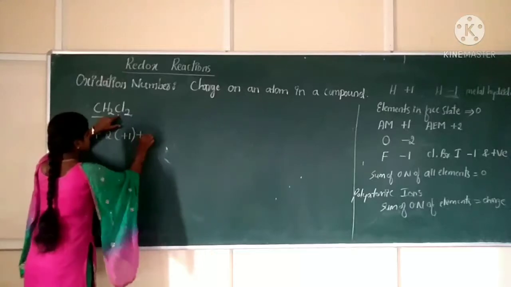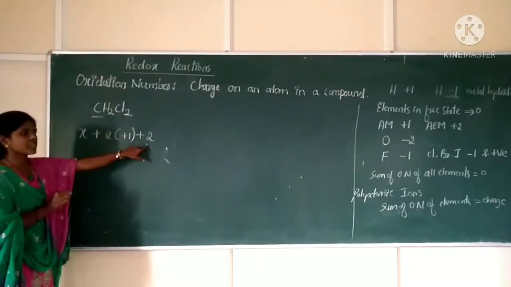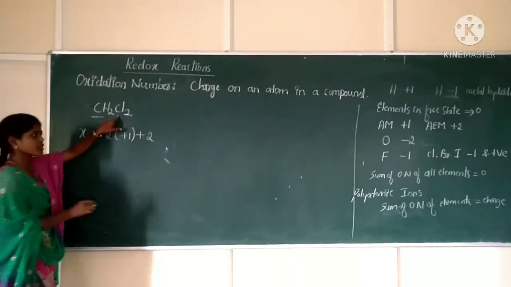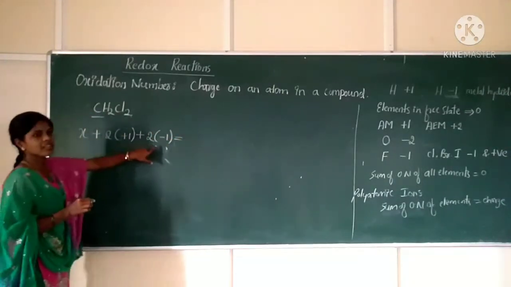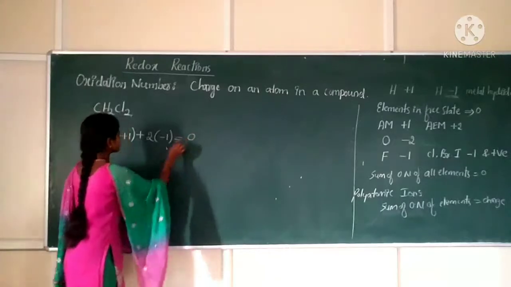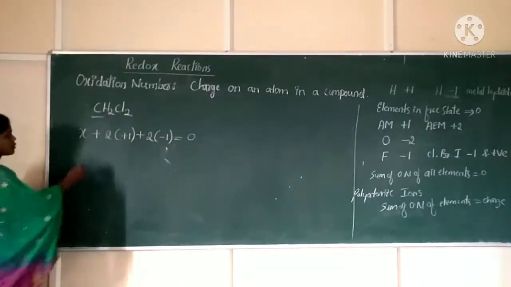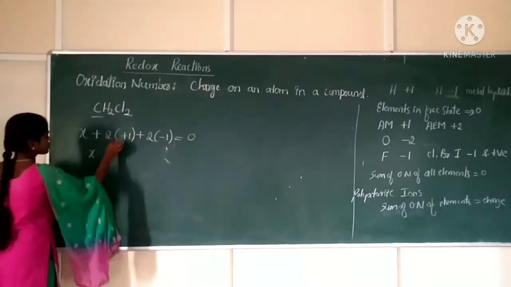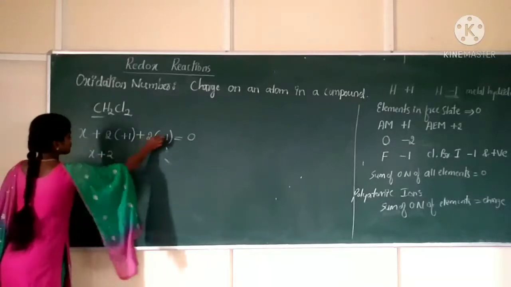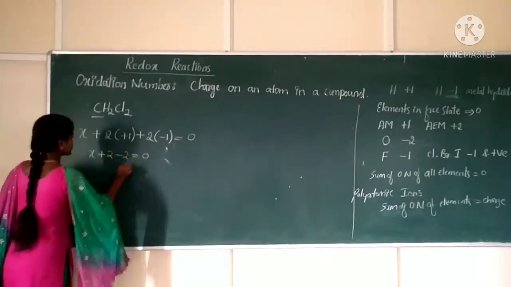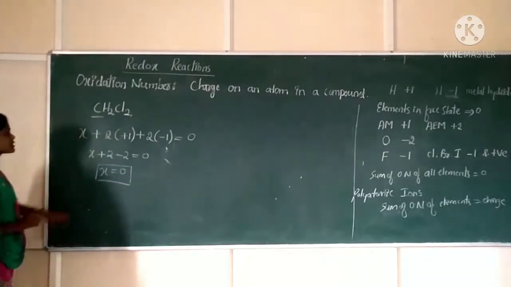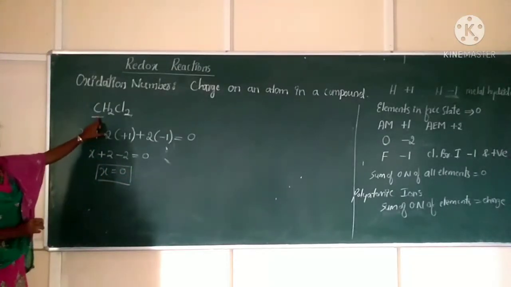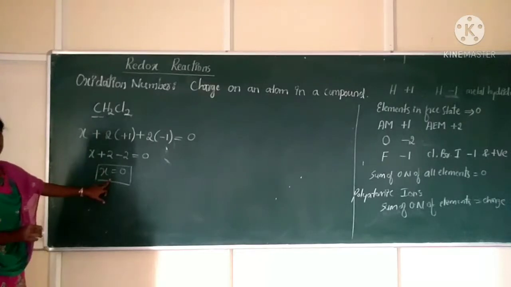Plus 2 chlorines, each -1. The sum must be 0 because it is a neutral compound. So X + 2 - 2 = 0, so X = 0. The oxidation state of carbon is 0.